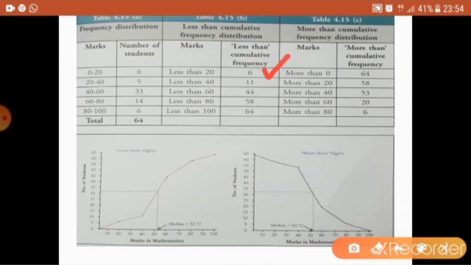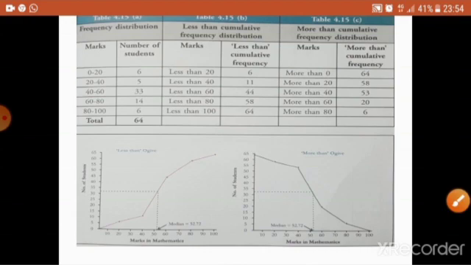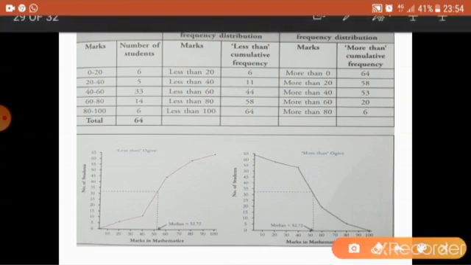The next one is 11, which is 6 plus 5. The next one is 44, that is 6 plus 5 plus 33. Next is 58, which is 6 plus 5 plus 33 plus 14. Again plus 6 we get 64. So for less than cumulative frequency, we keep adding the next frequency, and we get the cumulative frequency for each class interval.